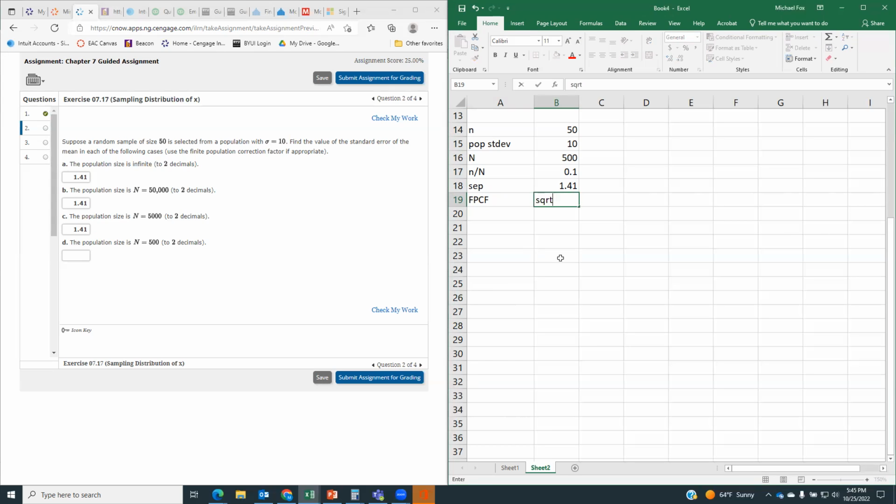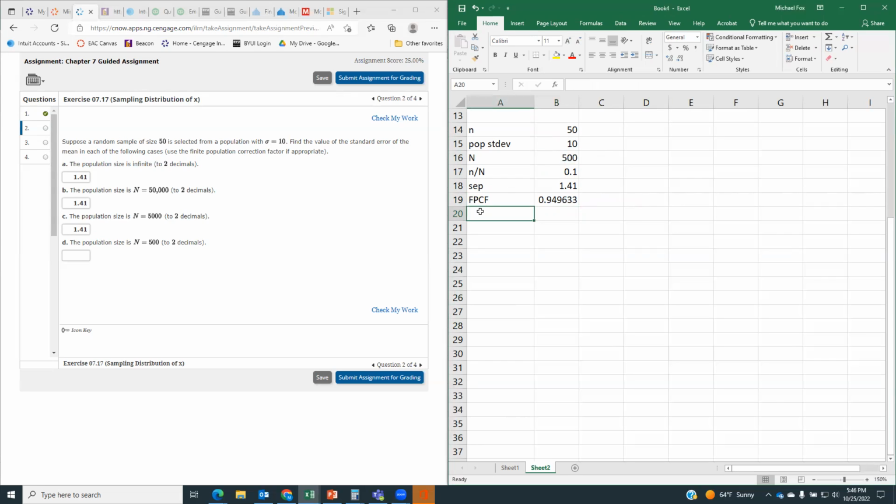Okay, so equals the square root of big N, which is the population size, minus little n, divided by big N minus 1. So that'll give us our finite population correction factor.